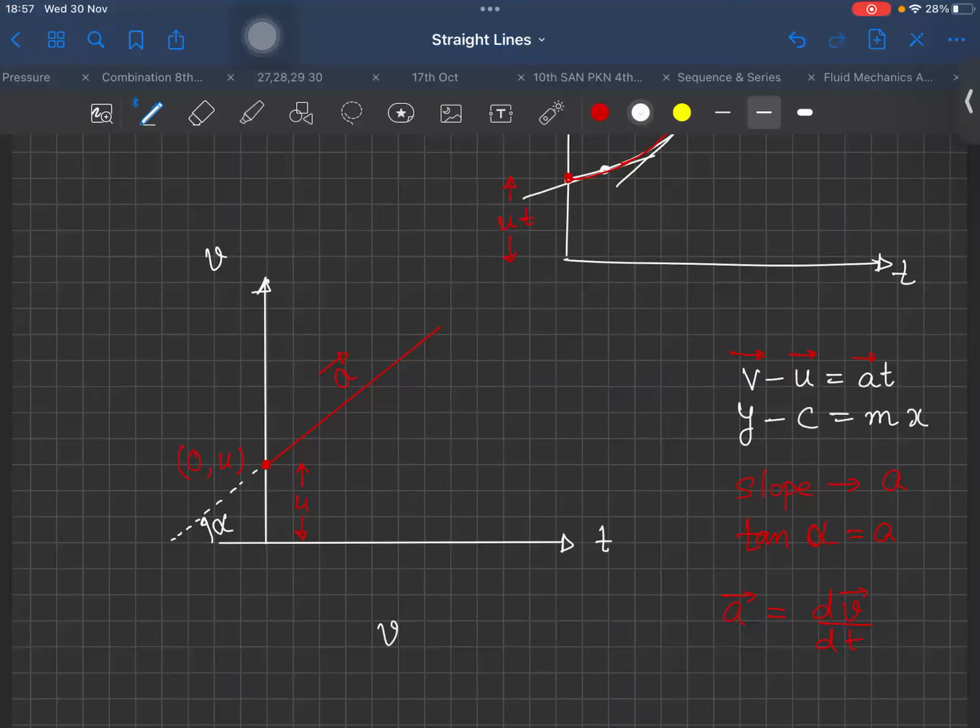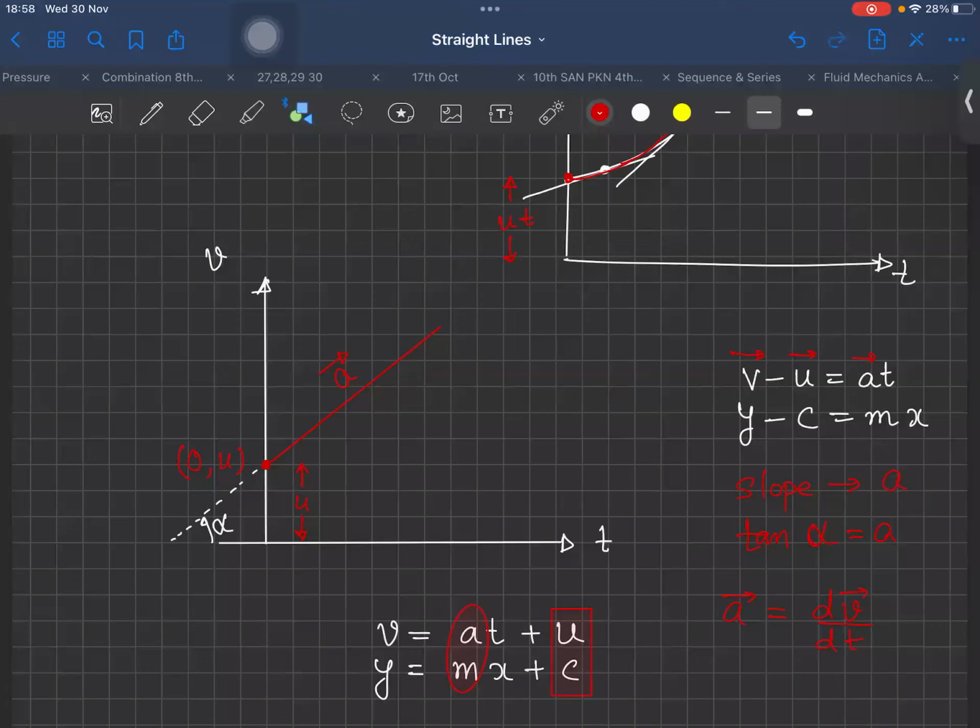You can also write now v is equal to at plus u. So y is equal to mx plus c. Get it? That's what a straight line is. So slope is your acceleration, isn't it? Yes or no? You have studied this part.